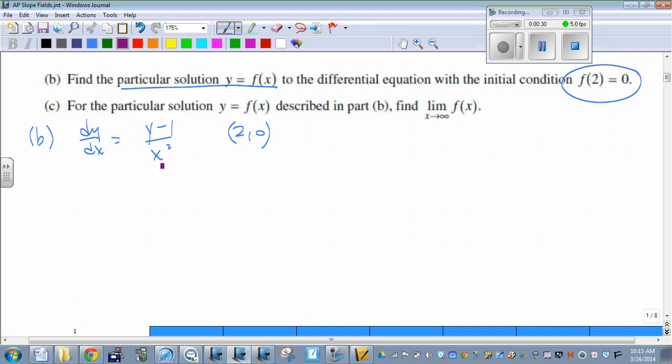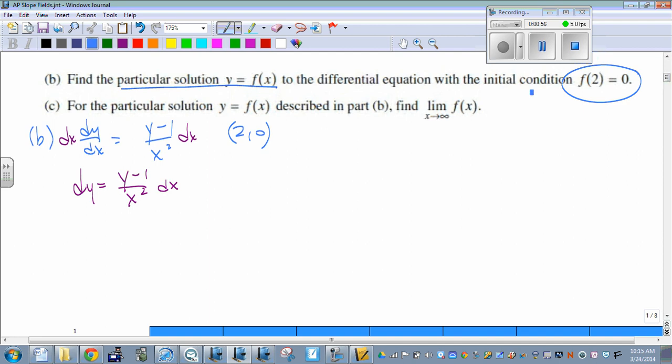Well, first step here, just like any other ones where we're solving a differential equation, is we need to separate the variables. We need to get the x and the dx on one side, the y's dy on the other. So we're going to multiply both sides by dx. But now we have the y and the x on this side with the dx. We don't want the y minus 1 here, so we need to move it to the other side.